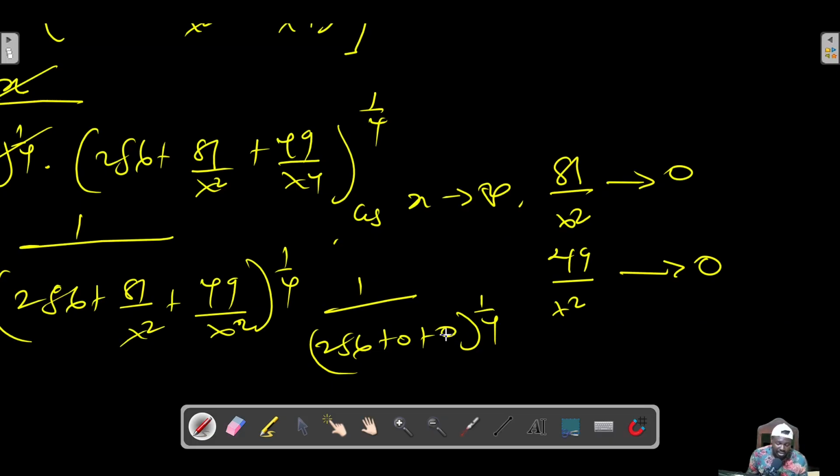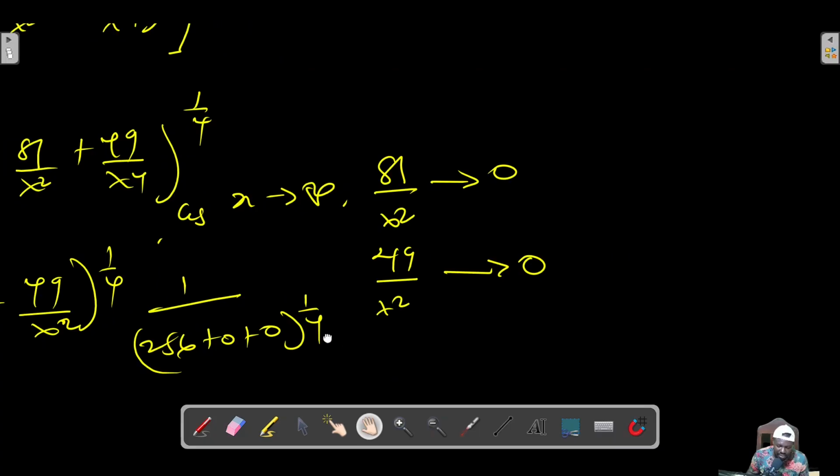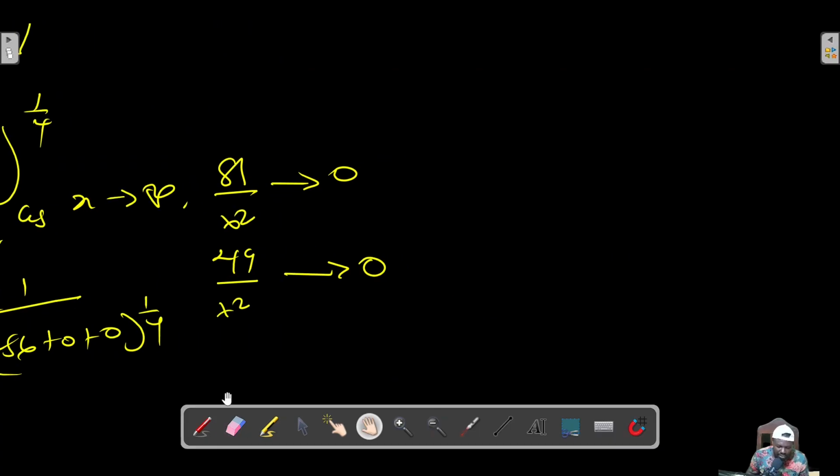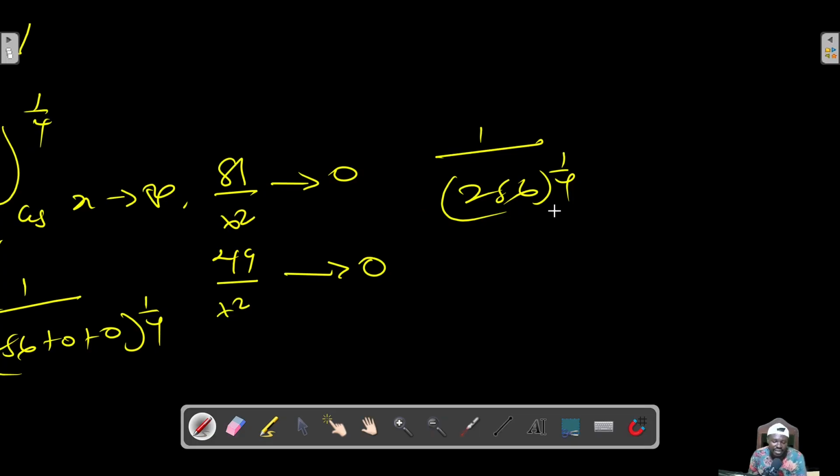So you are taking the fourth root of 256. What would the answer be?